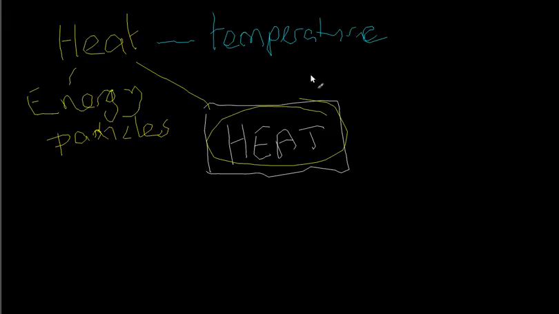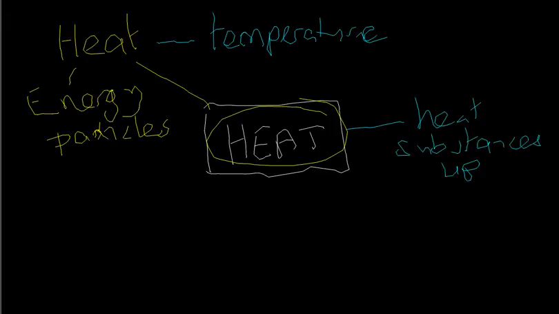Another tutorial will look at another aspect of what we've looked at within the heat topic, and that's what happens when we heat substances up. There are two main effects of heating substances up that we've talked about and need to review.